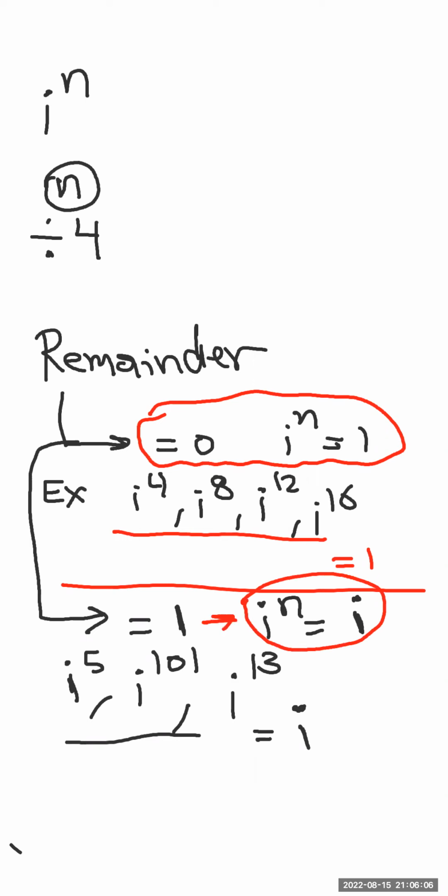Are we clear till this point, guys? Mr., can there be a remainder more than 3? Of course not, because if the remainder is 4, it's not a remainder, since you are dividing by 4.